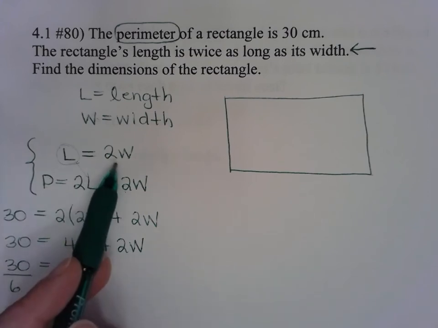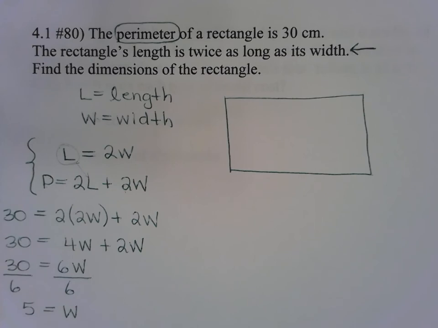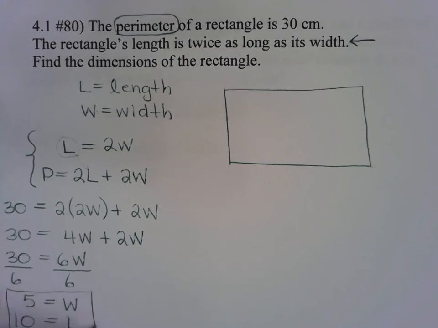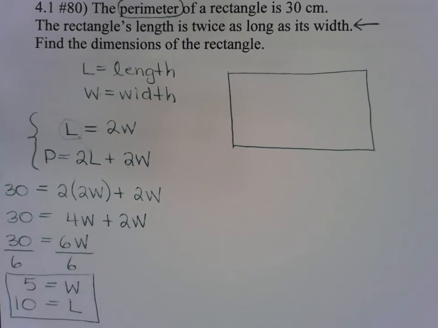So go back up here. Remember the length is twice the width. So the length must be 2 times 5 would be 10 centimeters. So that would be the 2 variable approach.